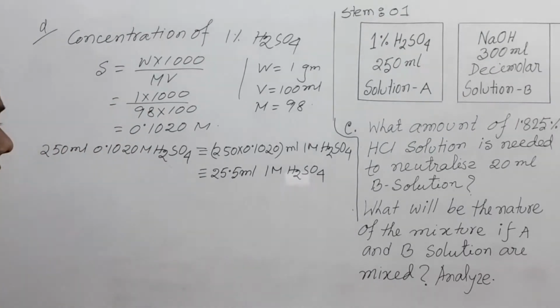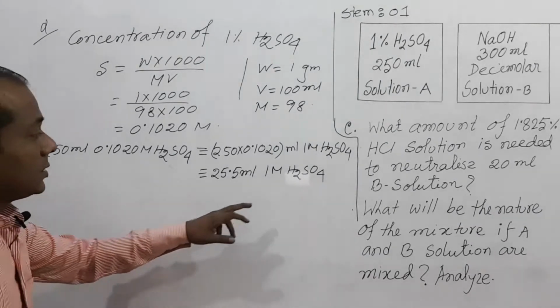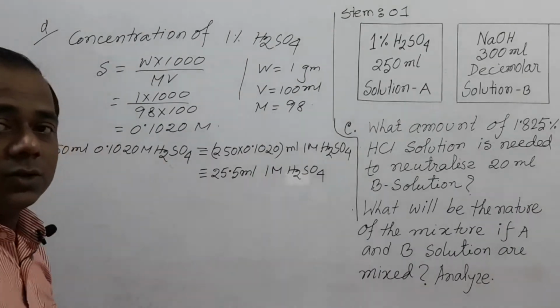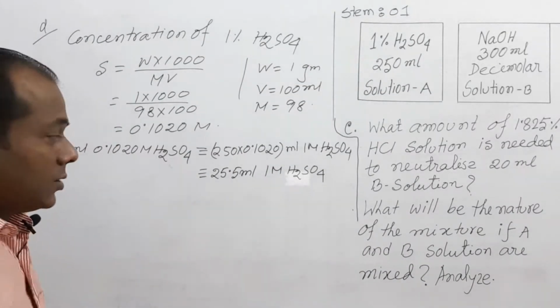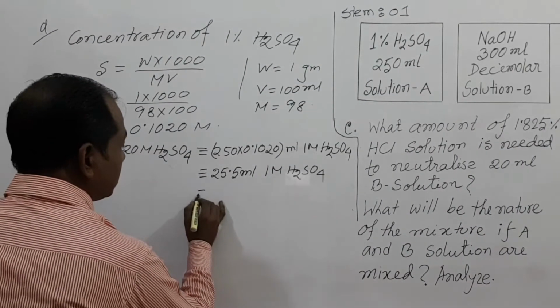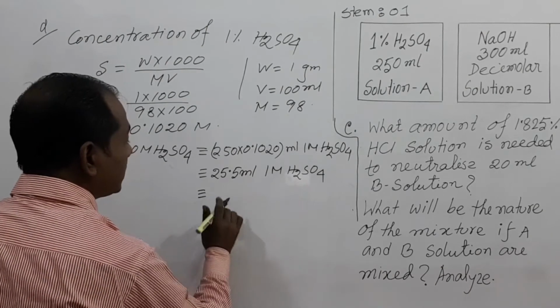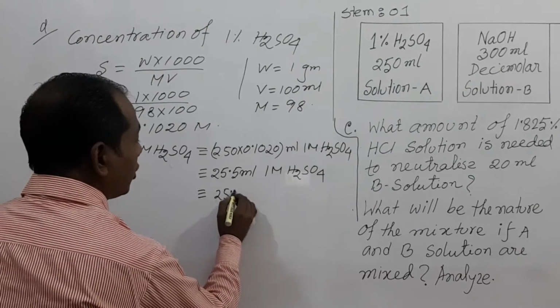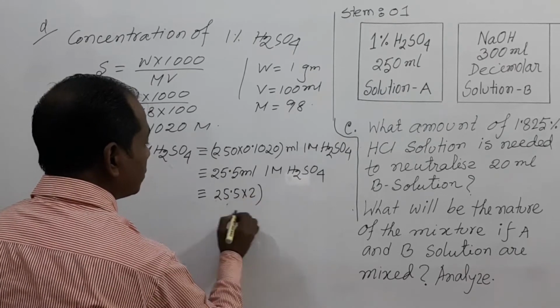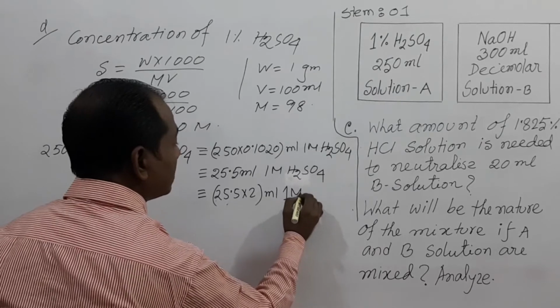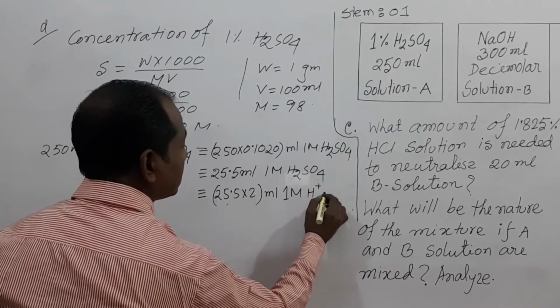But in sulfuric acid 2 hydrogen is present, so we write 25.5 into 2 ml 1 molar H plus solution.